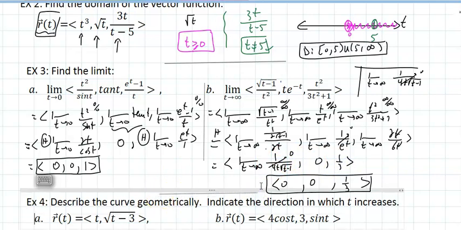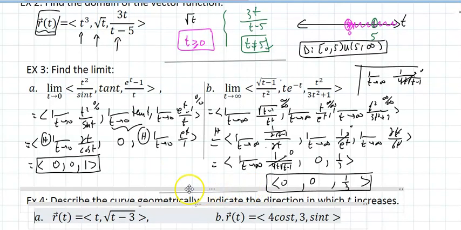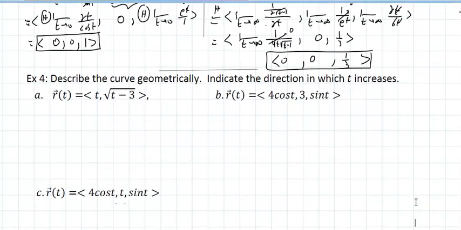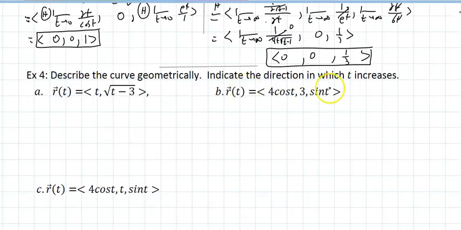Now, describe the curve geometrically. If I want to describe this geometrically, indicate the direction. This is a vector equation.